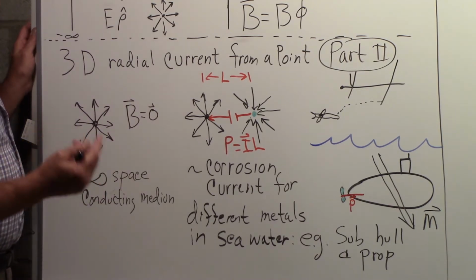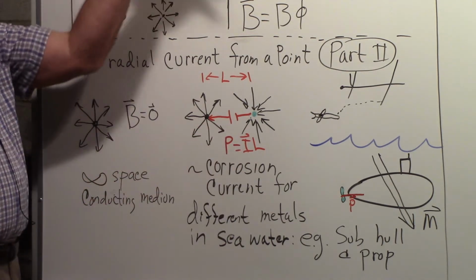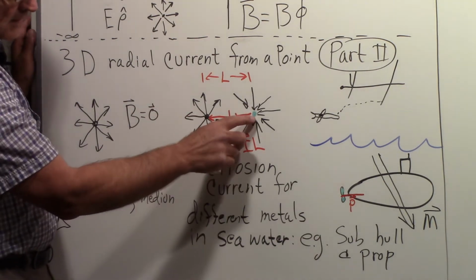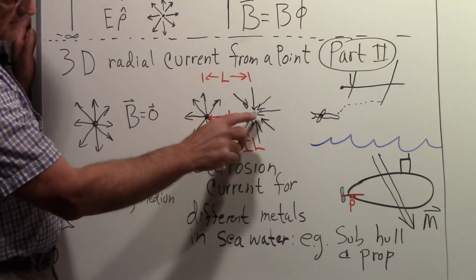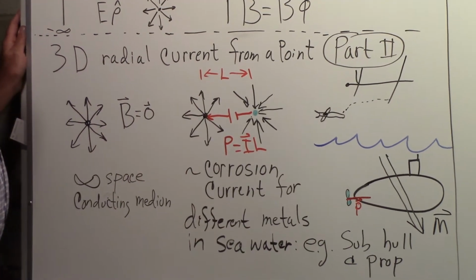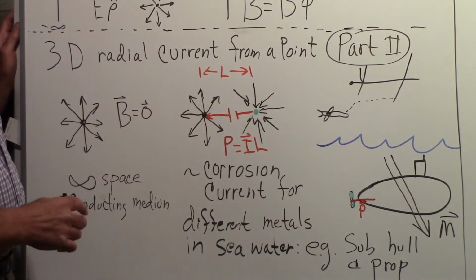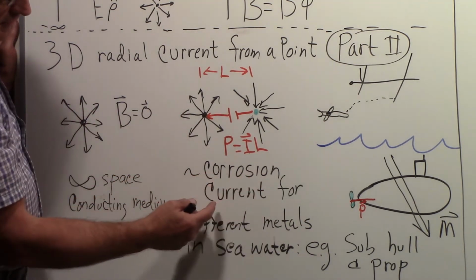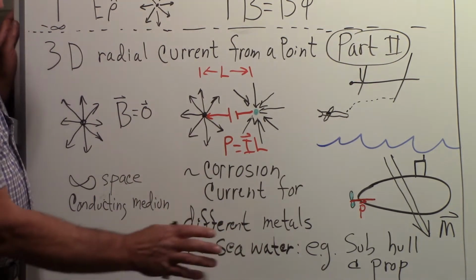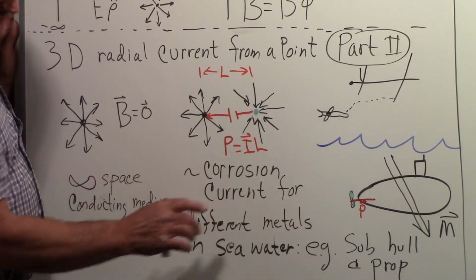So then what we said, okay, let's take that and imagine that the current goes all the way out to infinity and comes back to some other point. And these 2 points are now spaced a distance L apart. And what we said this represents, again approximately, is a corrosion current for different metals in seawater. I'll get to an example soon of a submarine hull and a prop.